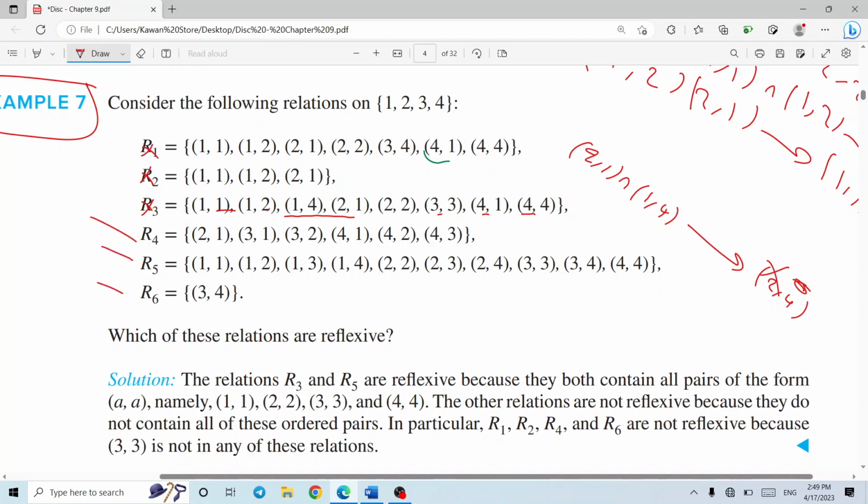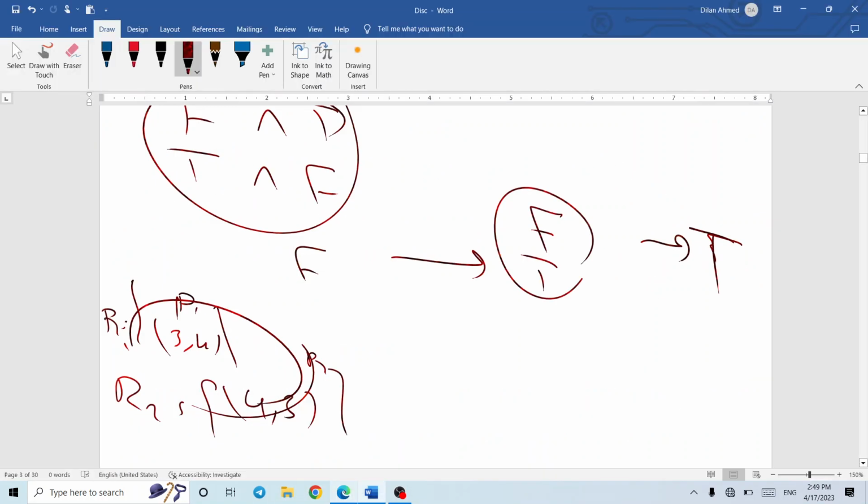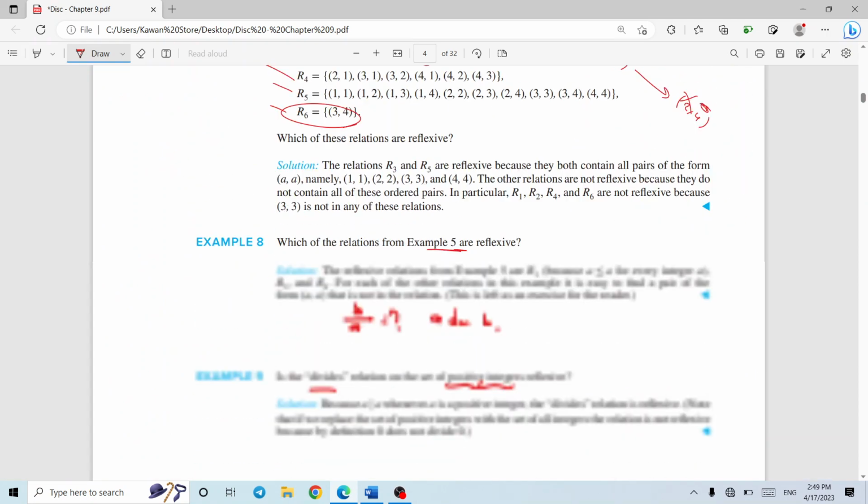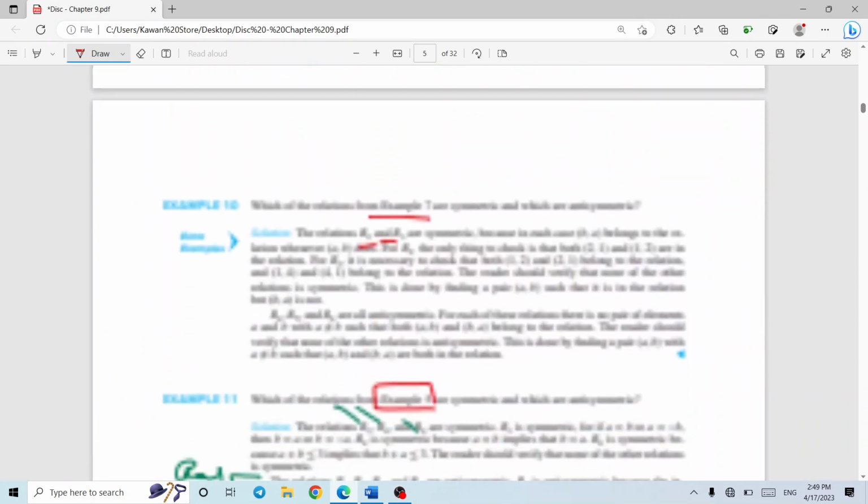We show it actually together. And that one's very important. That's all about transitive. Let me check. Transitive or not?